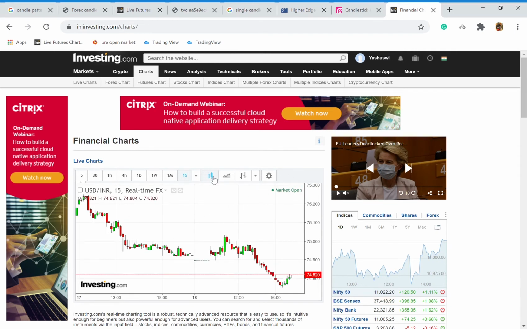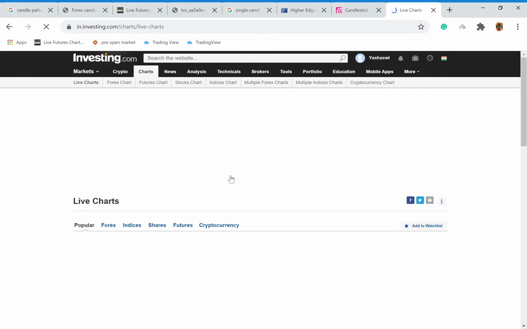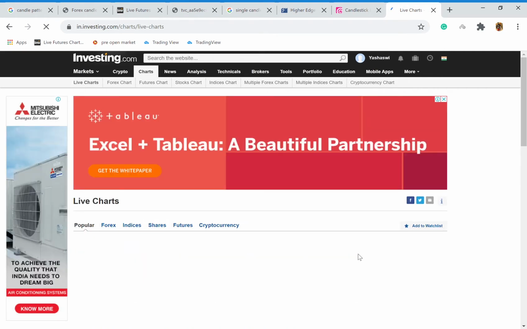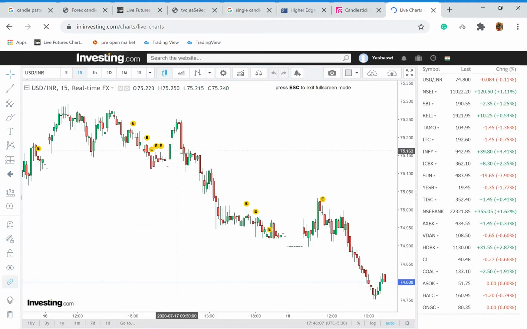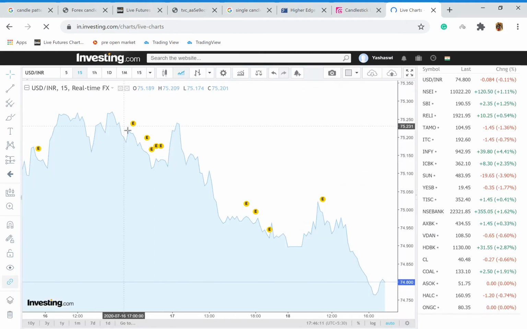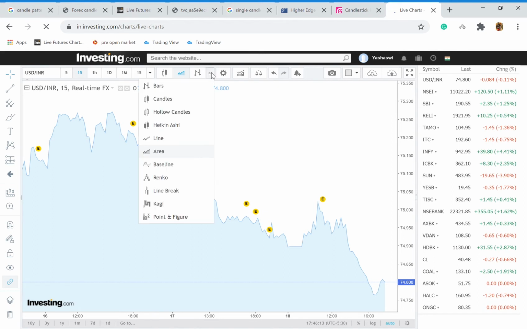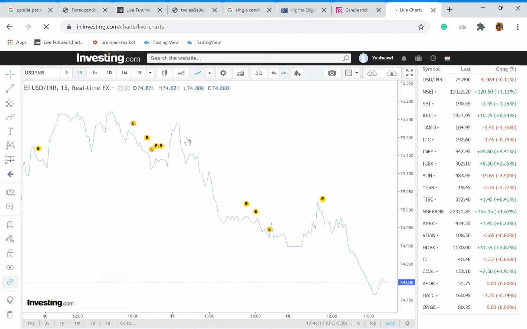Usually you might have seen charts like this, like a bar chart or line chart, which you might be familiar with.